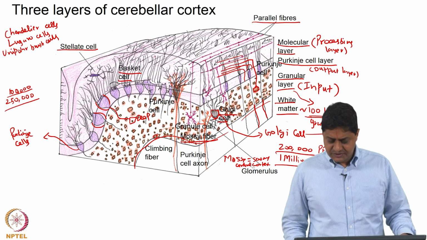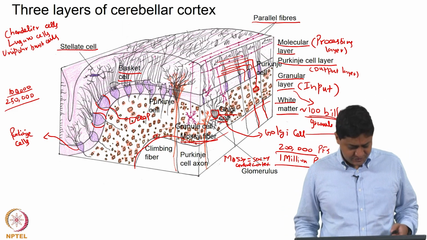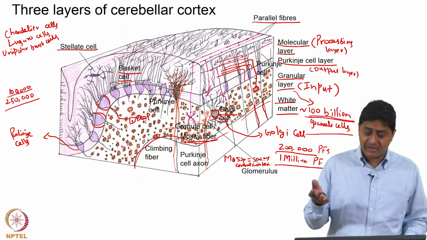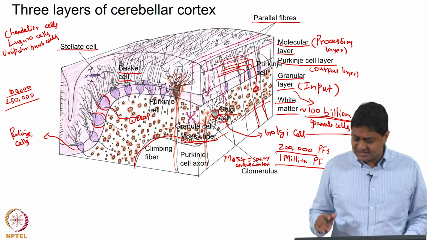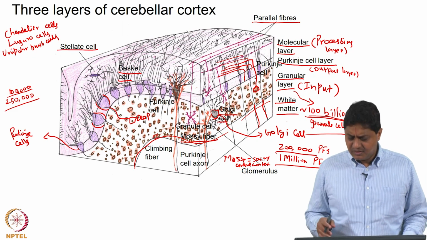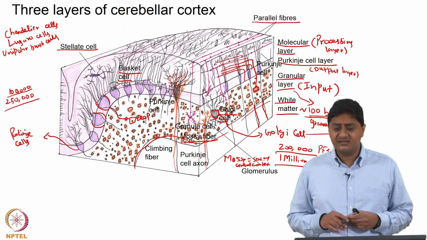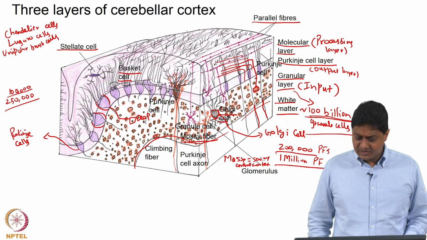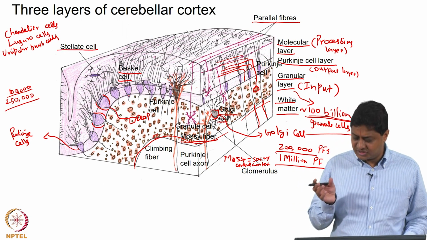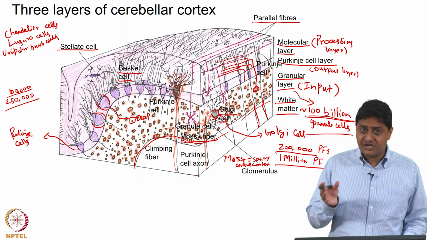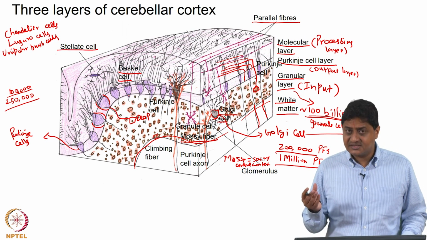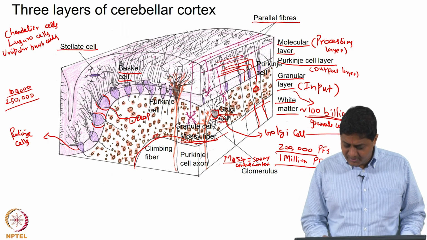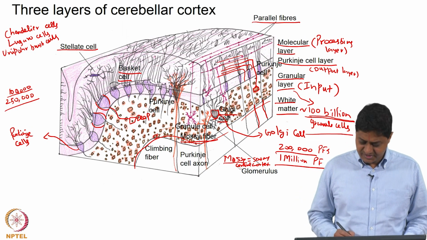Mainly from these two sources, and maybe from other sources also, for example from the vestibular system and the visual system, but mainly from the cortex and the spinal cord. That is sensory information and other information that comes from the cortex. The cells that bring this information into the cerebellum are called mossy fibers.